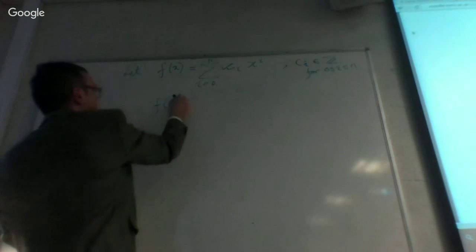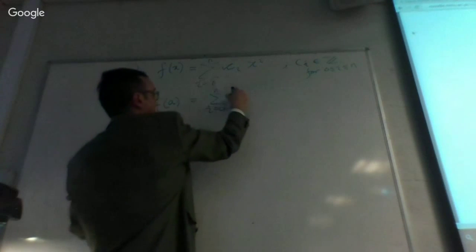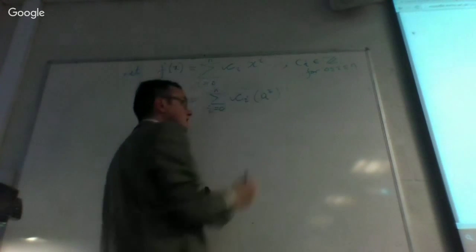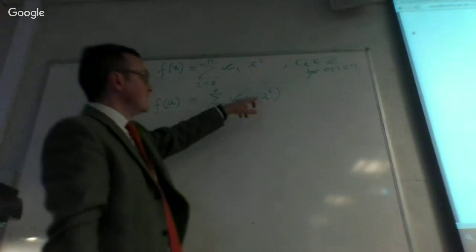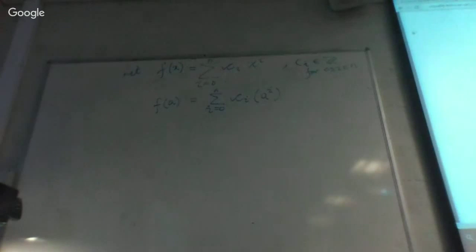When you look at f evaluated at a, you get the sum from i equals 0 up to n of ci times a to the power i. Now, each a to the power i is congruent to a prime to the power i. That was proved in part 5.